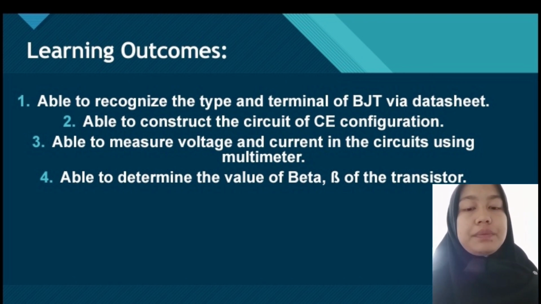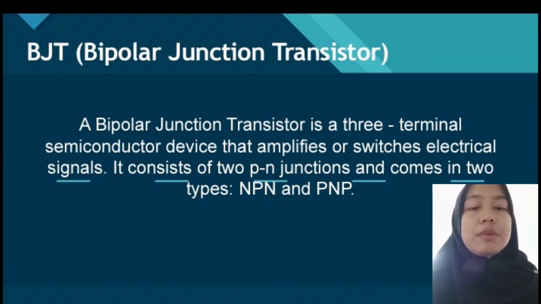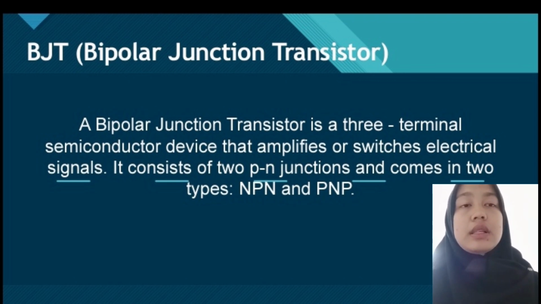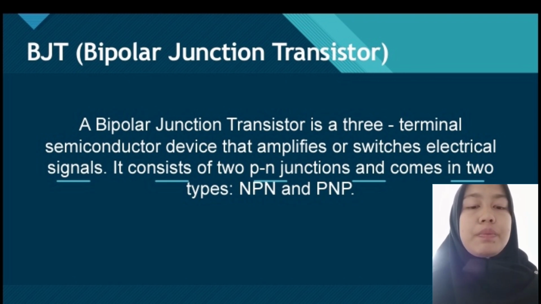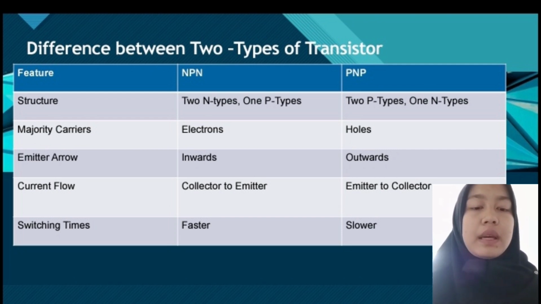of the transistor. So BJT is the bipolar junction transistor. A bipolar junction transistor is a three-terminal semiconductor device that amplifies or switches electric signals. It consists of PN junctions and comes in two types, NPN and PNP. So the difference between the two types of transistor is PNP and NPN.